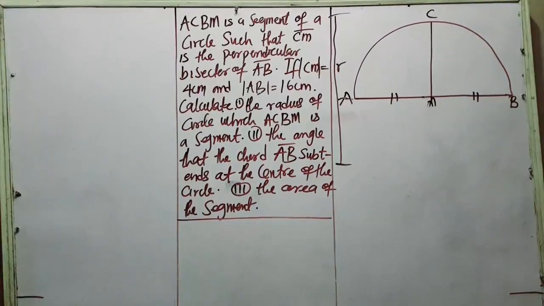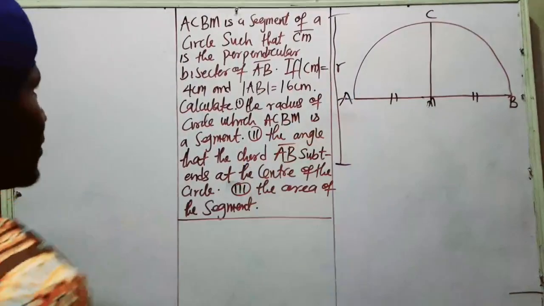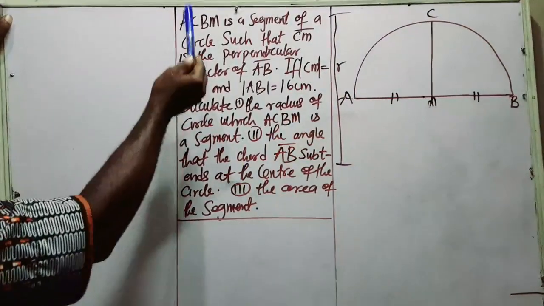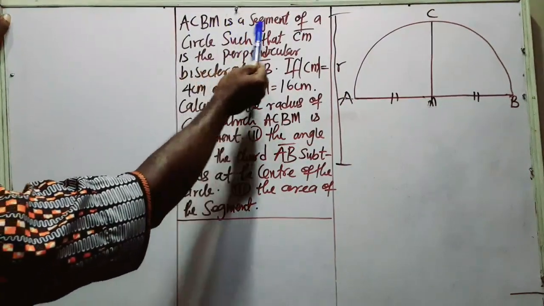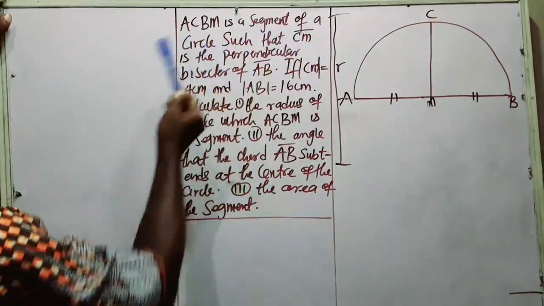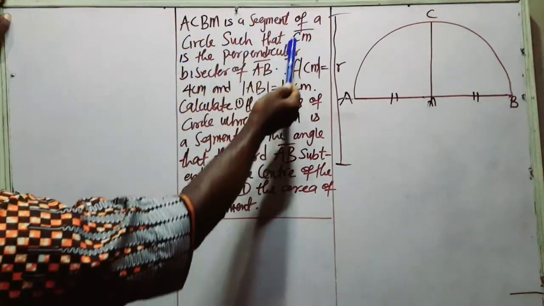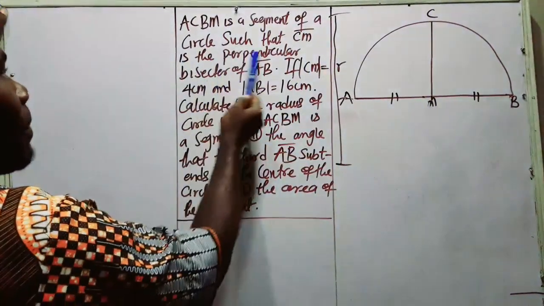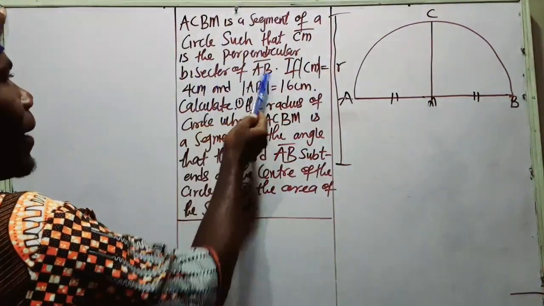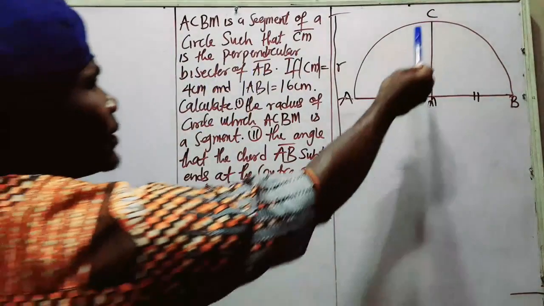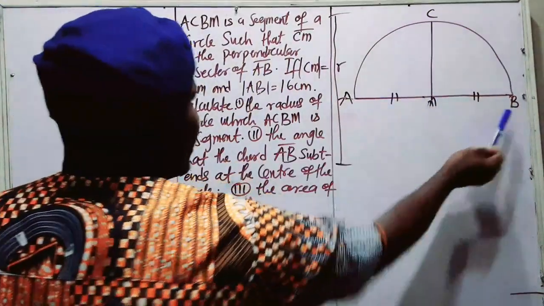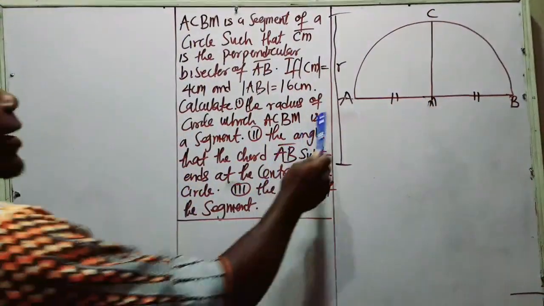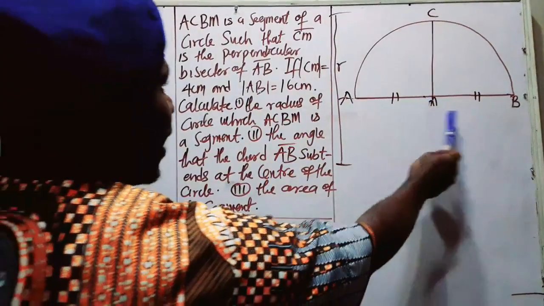Yeah, for solving questions of a segment, ACBM is a segment of a circle such that CM is the perpendicular bisector of AB, meaning that CM bisects AB, telling us that AM is equal to MB.